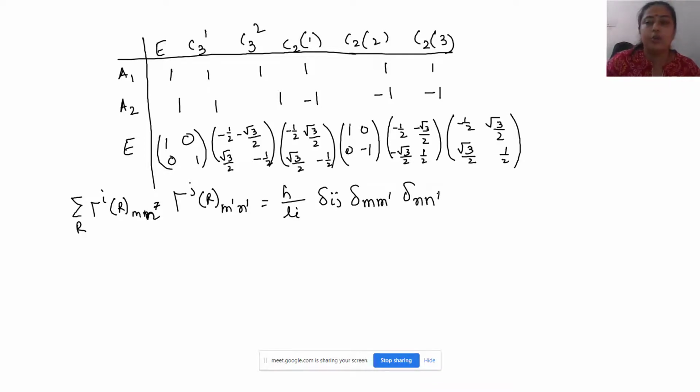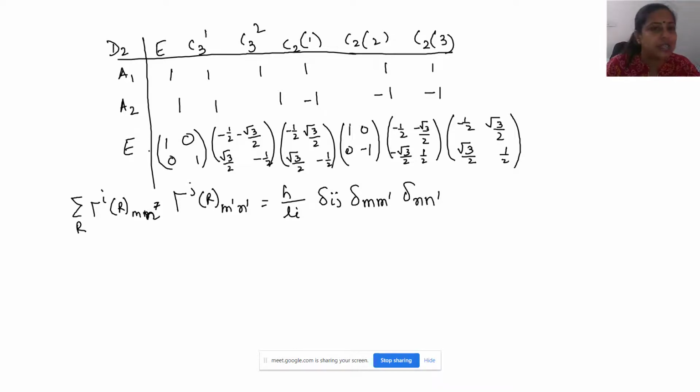Now you have to understand that this great orthogonality theorem actually works on the matrix element. So this is the character table of the D2, but here I have not written down the character. Here I have written down the matrix element. The D2 point group consists of two one-dimensional and one two-dimensional irreducible representation.